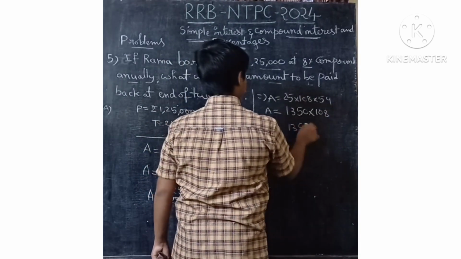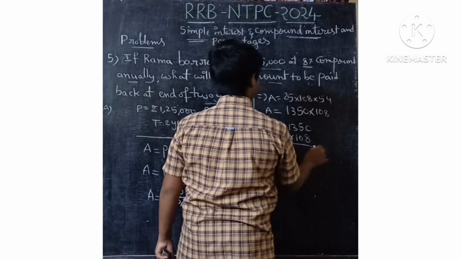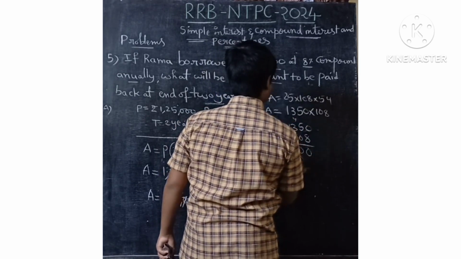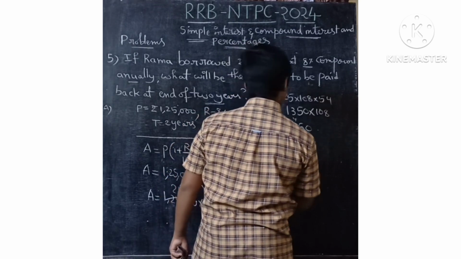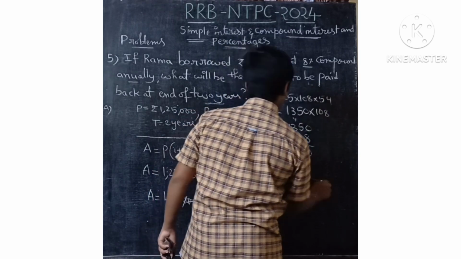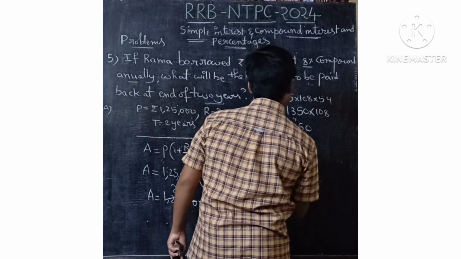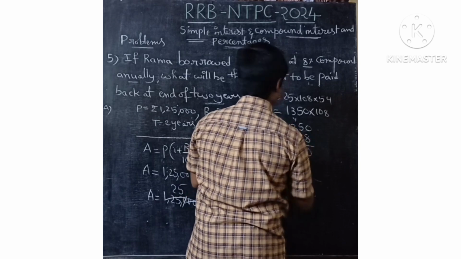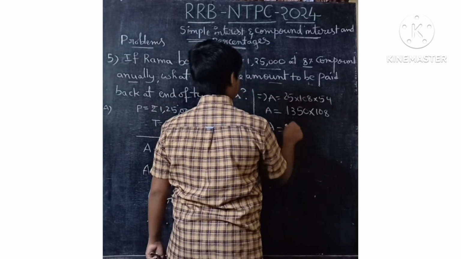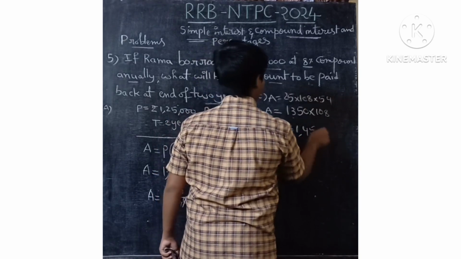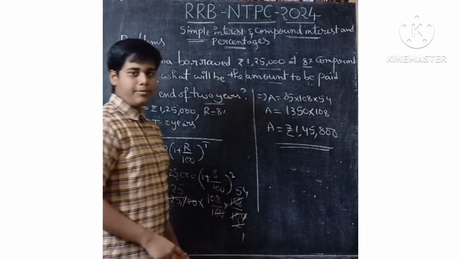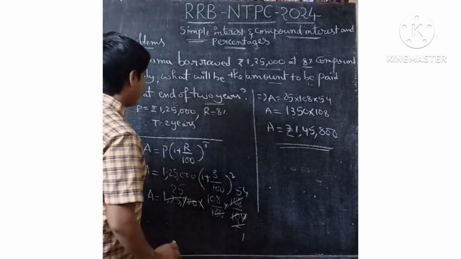So 1350 into 108 gives 1,45,800. So the amount is equal to rupees 1,45,800. So this is the amount he has to pay at the end of 2 years. Okay, so this is the fifth question.